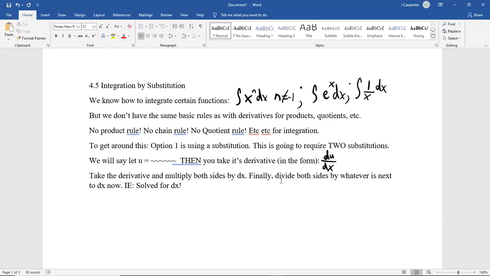Again, I'm just giving you the steps. We'll apply this very shortly. At this point, we can substitute u and dx into the original integrand, integral, however you want to say it, antiderivative.